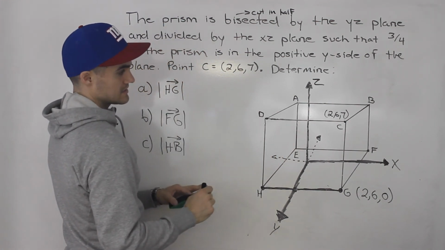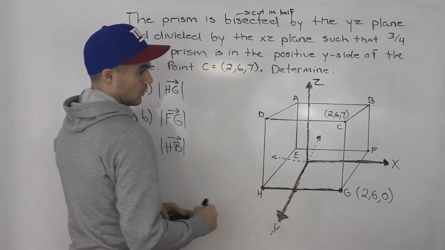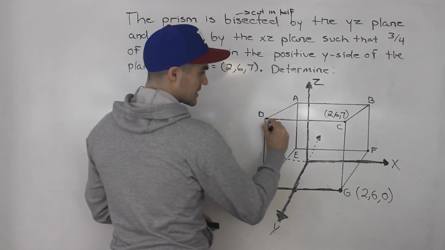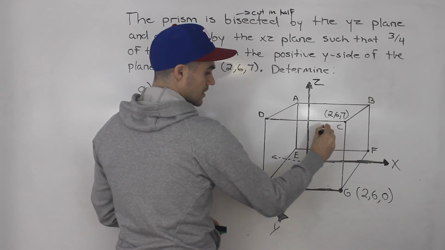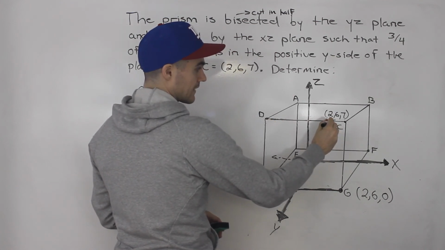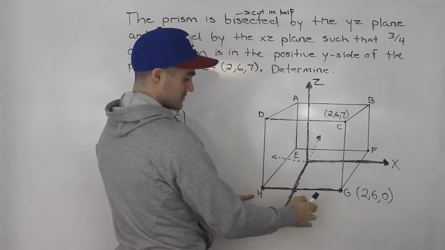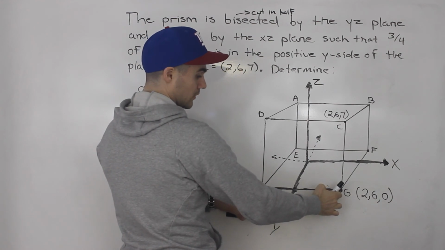Which sides is it going to go through? It's definitely going to go through sides D and C, but we're not looking at that side right now. We're looking at the base of the prism, so it's also going through the side H and G.